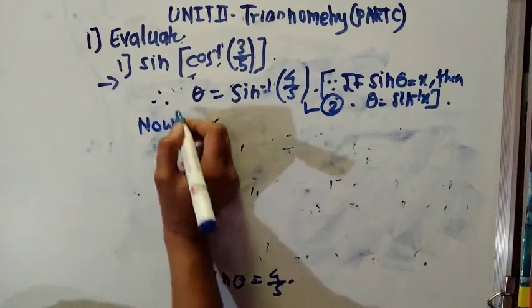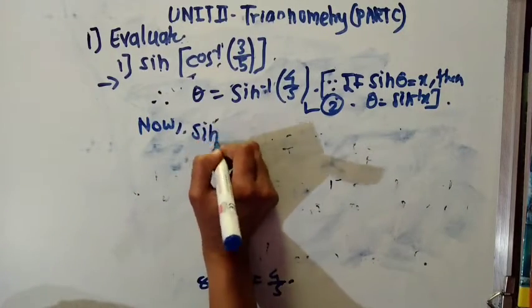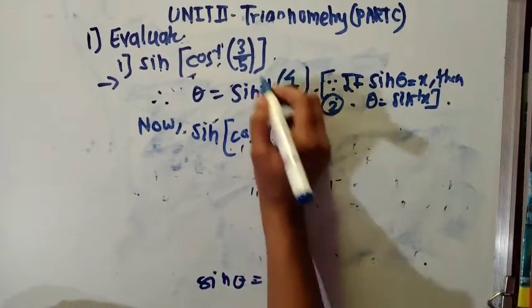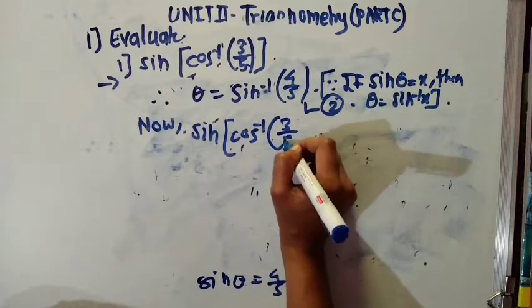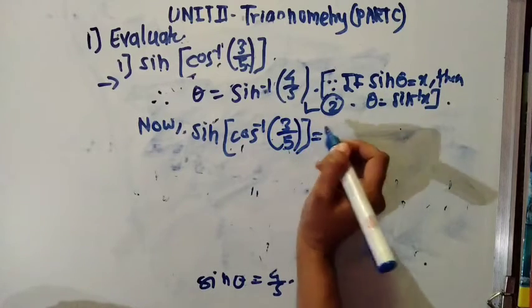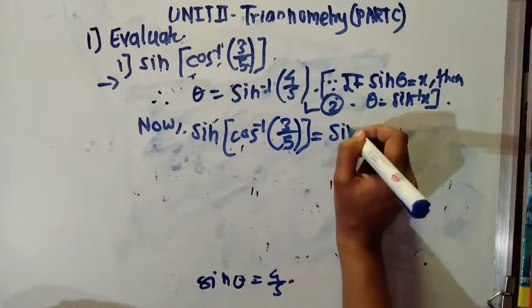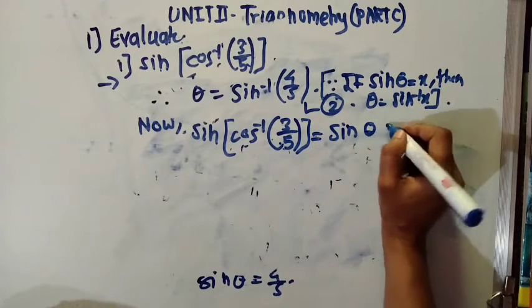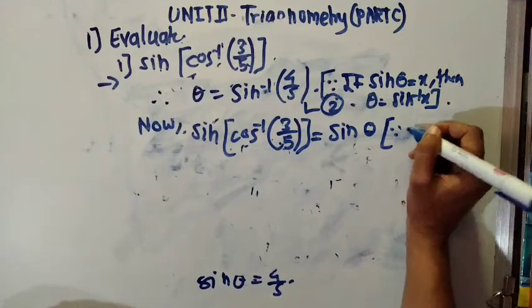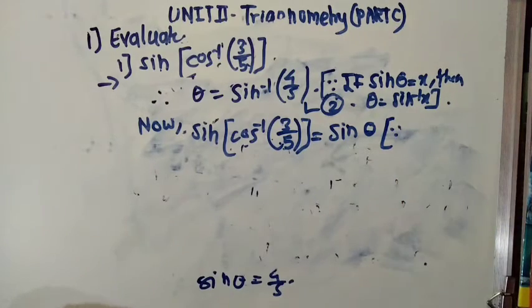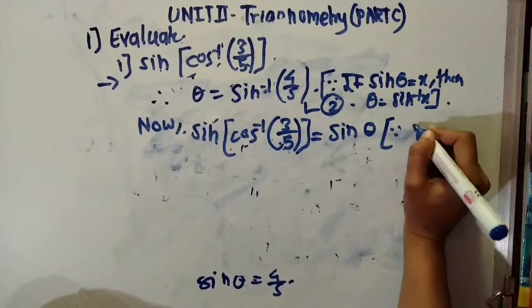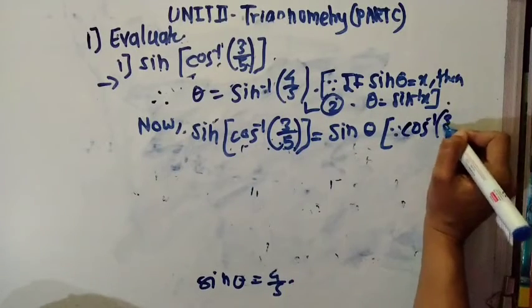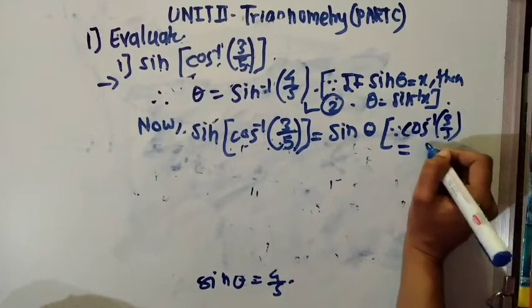Now sin of cos inverse of 3 upon 5, where cos inverse of 3 upon 5 is equal to theta, is sin theta.